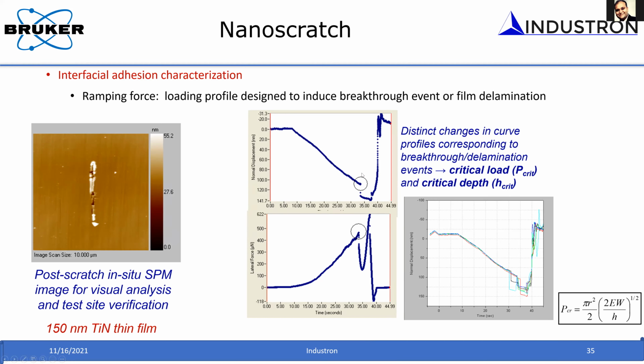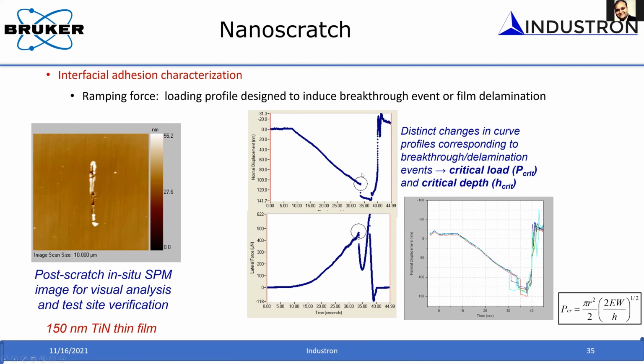At that point, we know what the critical load is, and through proper modeling, if you know the critical load, you can calculate the adhesion strength between the thin film and the substrate. So not only tribology, if you have a thin film on a substrate, the adhesion strength of this thin film on the substrate can also be figured out by doing these scratch type experiments.